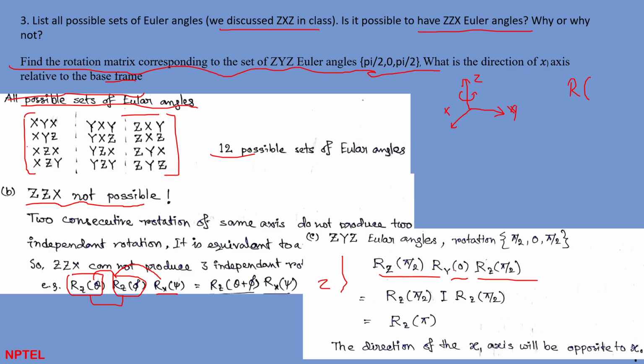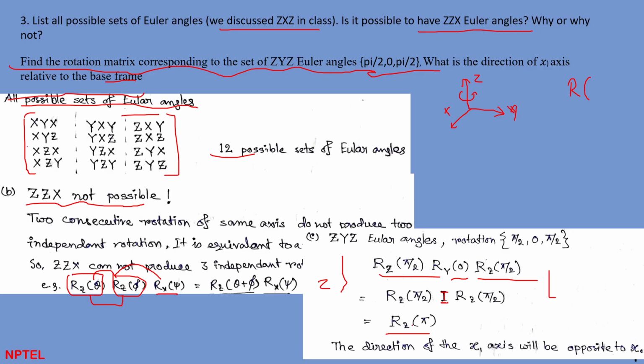Since this is a 0 rotation, when you put those values into the equation, you will get an identity matrix, a diagonal matrix. Since the two z rotations are along the same direction, you can club them, and this will be your pi rotation.